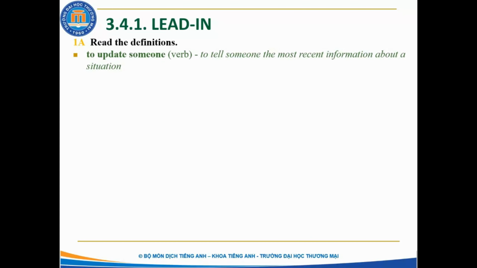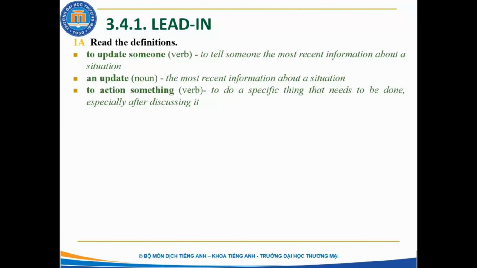To update someone means to tell someone the most recent information about a situation. An update means the most recent information about a situation. To action something means to do a specific thing that needs to be done, especially after discussing it. An action item means the thing that needs to be done.